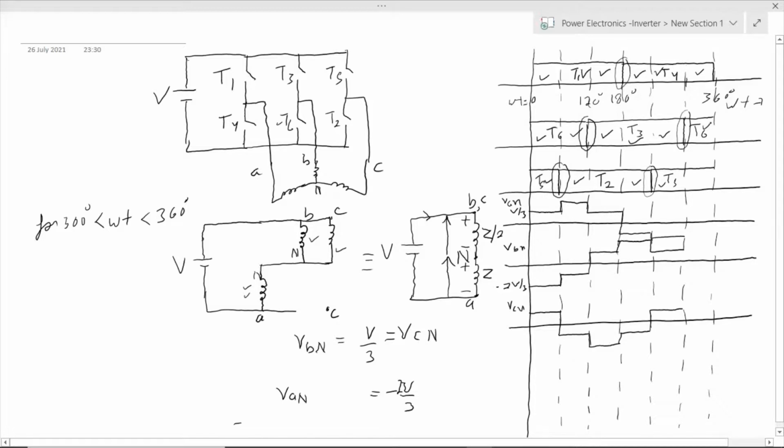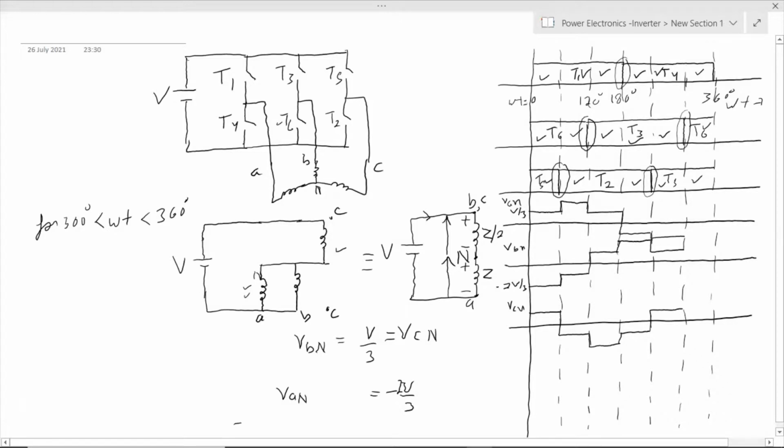So B phase will come from above to down. So B phase we can make like this. And what will be C? So T5 remains on. So C will be connected to our V potential. Okay.